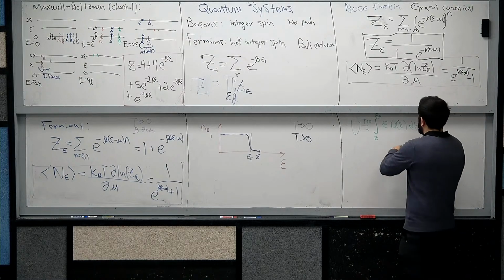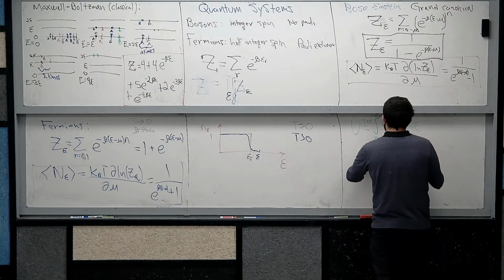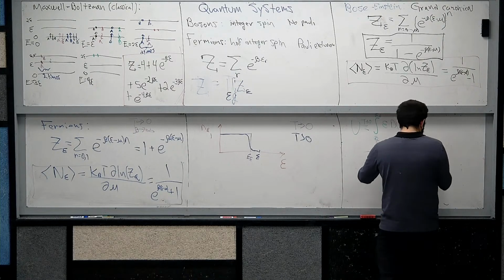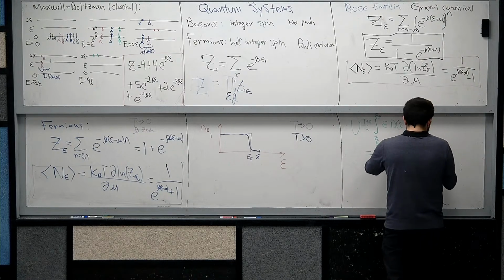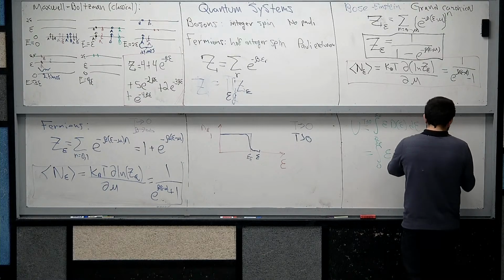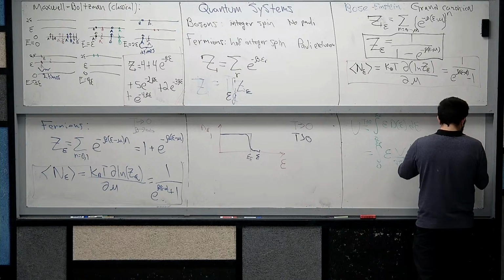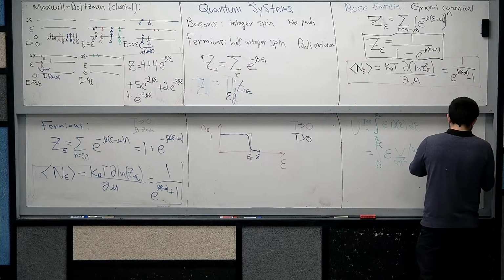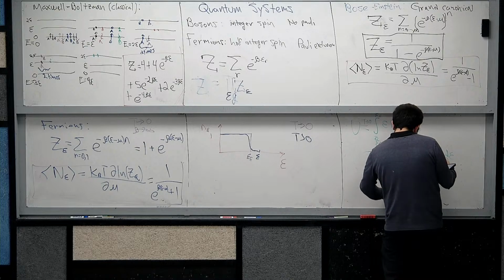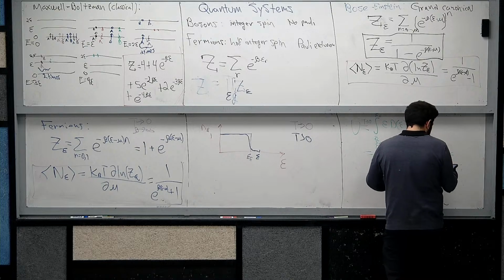And if we are talking about free particles, then this would just be epsilon times the density of states with h bar squared over 2m, and 2 pi squared.